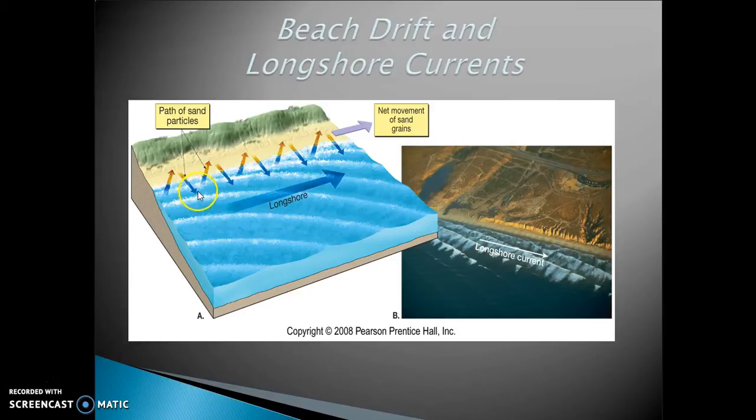Then another wave comes in and pushes that sediment forward a bit, and then it comes back out. So over time, as you can see, the sand is moving along the direction of the longshore current.